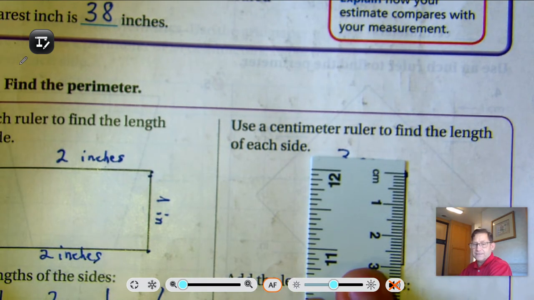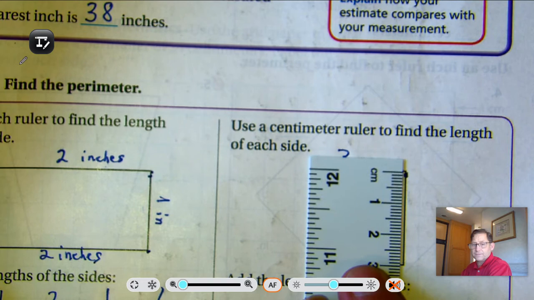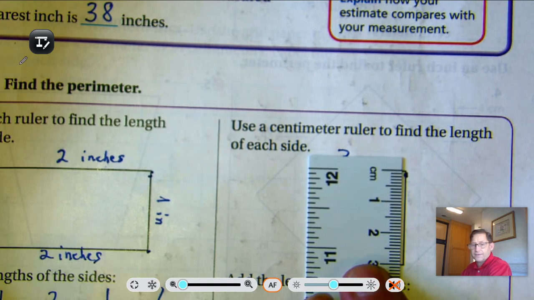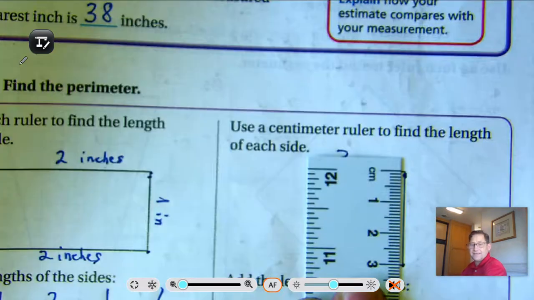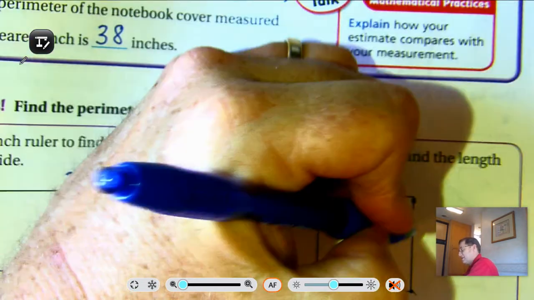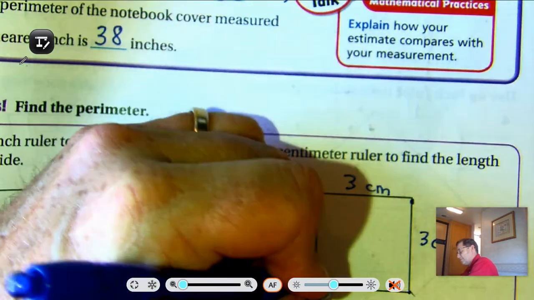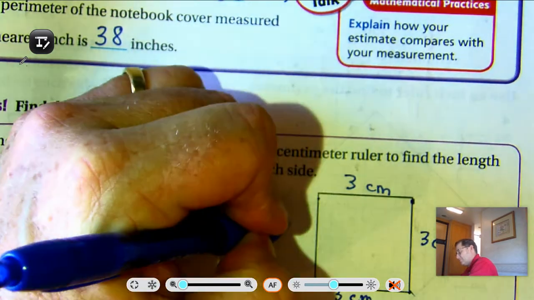So I put this at the top of this side at 0, and I see where it crosses at the end. Where does it meet at the end? Right at 3 centimeters. Okay, so yes, this is a square. So all sides are equal.